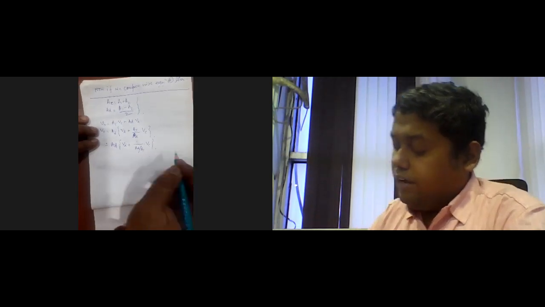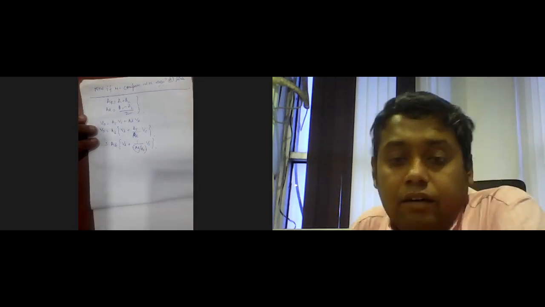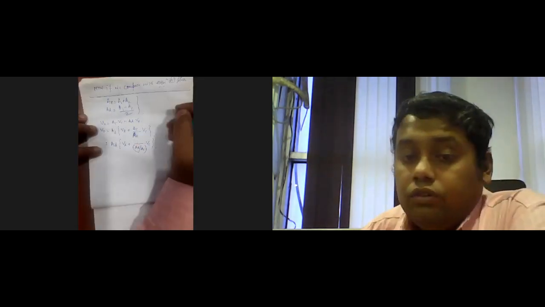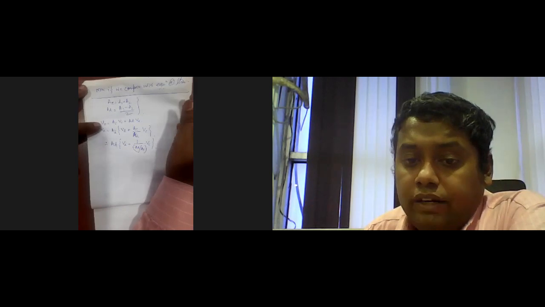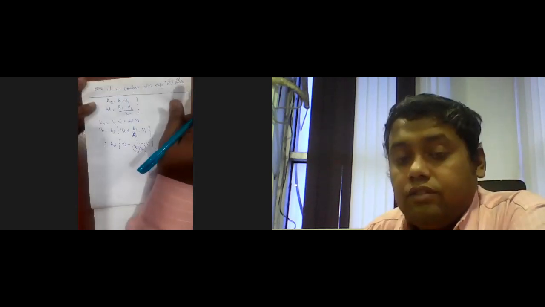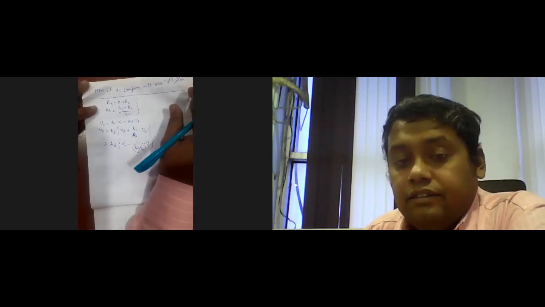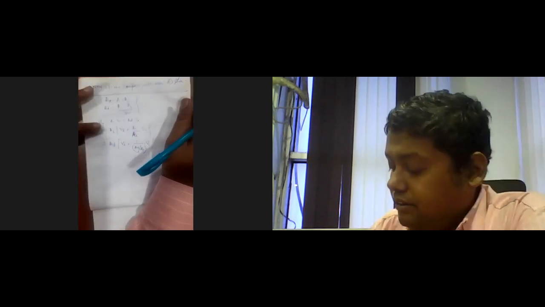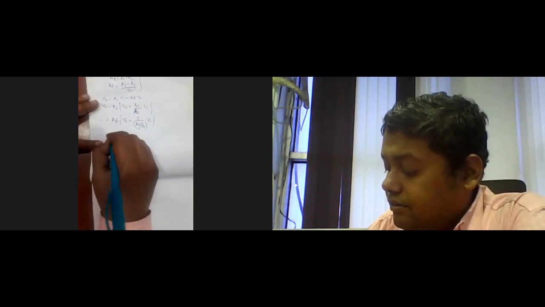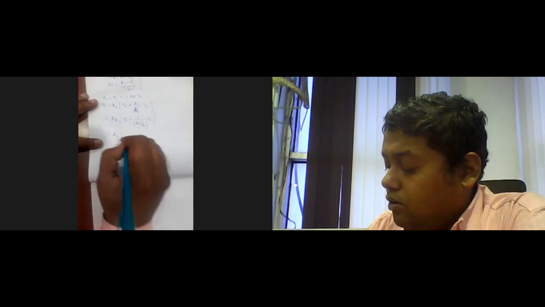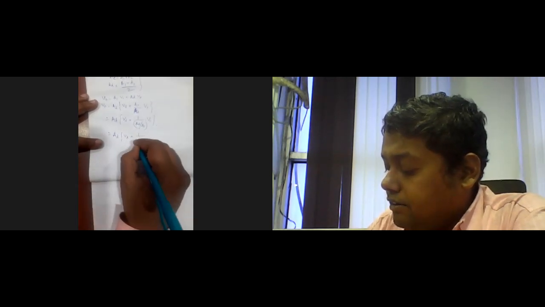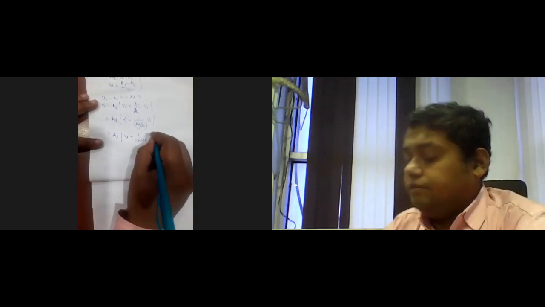So now can you tell me what is AD by AC, this term? Differential mode voltage gain to common mode voltage gain. It is already discussed in the last class. CMRR. So V0 is equal to AD (VD plus 1 by CMRR VC).